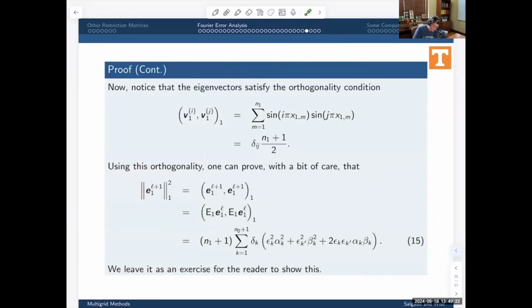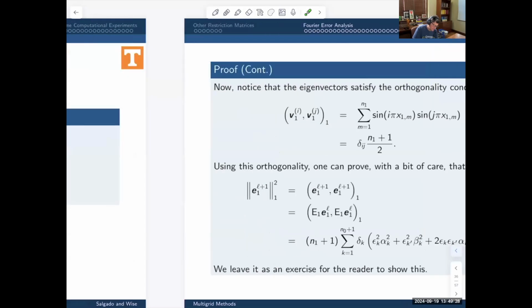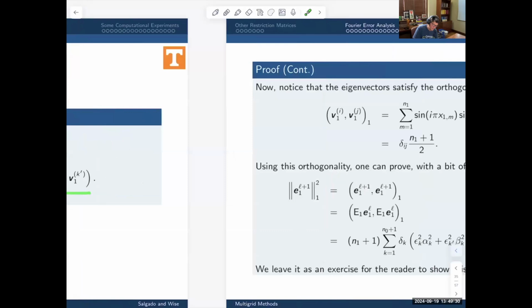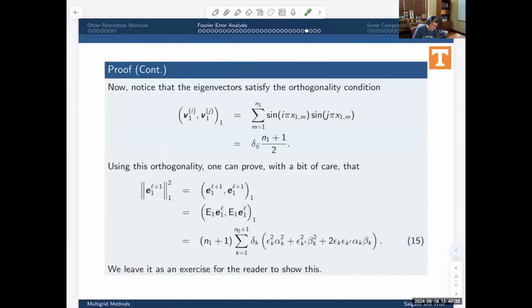Now, whenever I want to calculate the 2 norm on level 1 of that vector that I just defined here, then what I really need to do is take the inner product of that vector with itself. All right. So when I do that, I actually get the expansion.